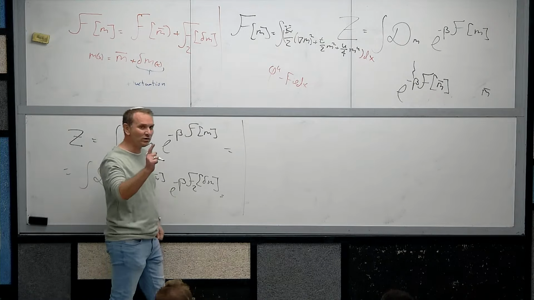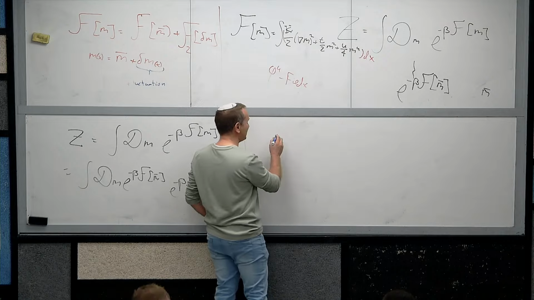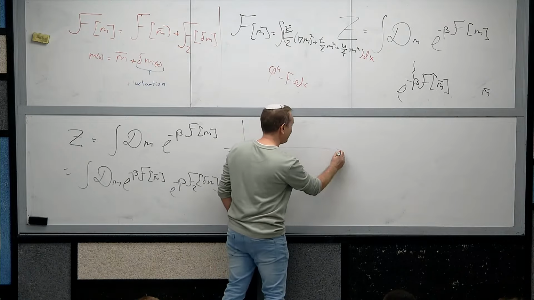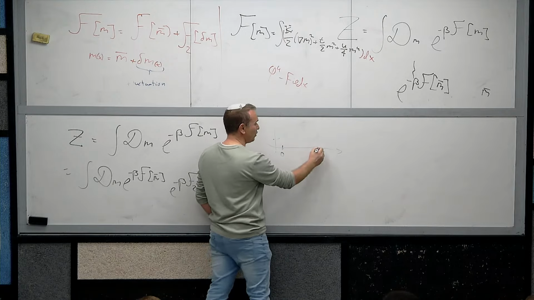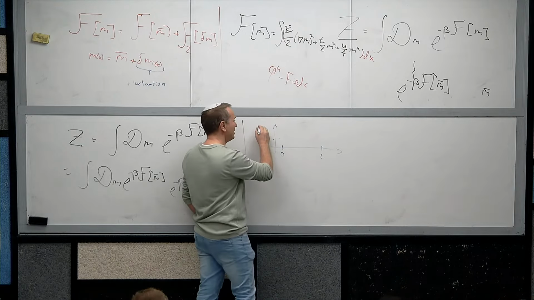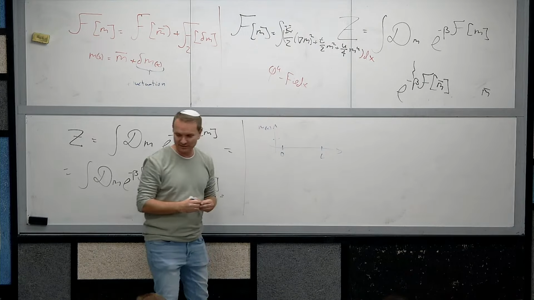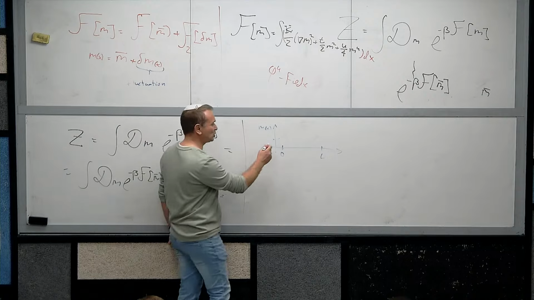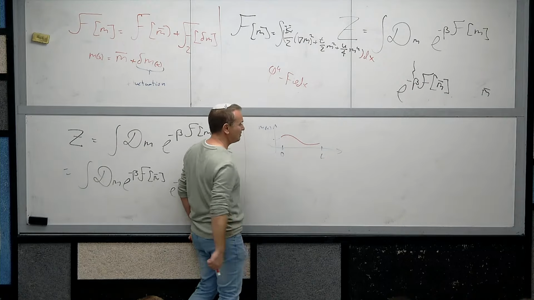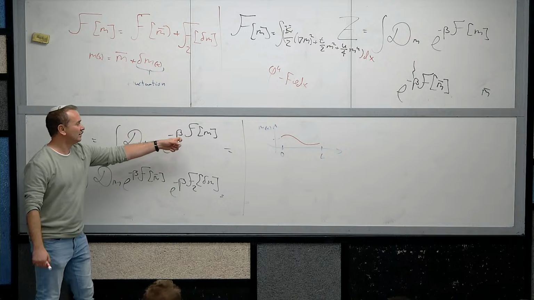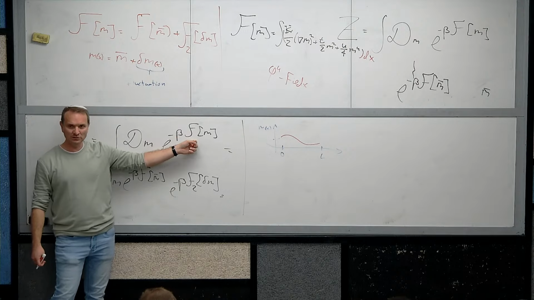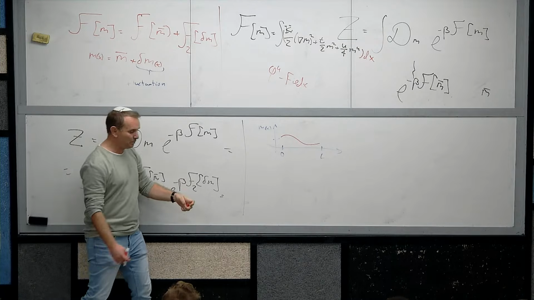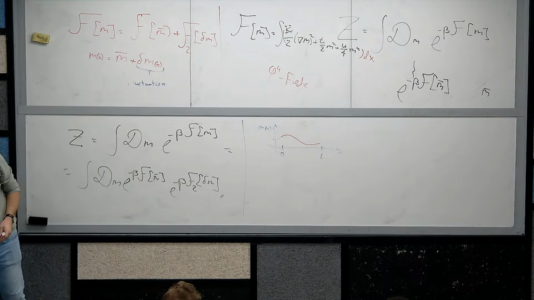Remember what functional integration tells you. You start from 0 and you end at L, and this is your m of x. Functional integration tells you to pick up a function, plug it inside the Ginzburg-Landau functional, perform the integration, and you get one value. Pick another function, right?